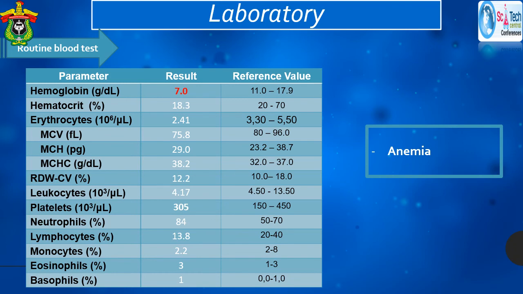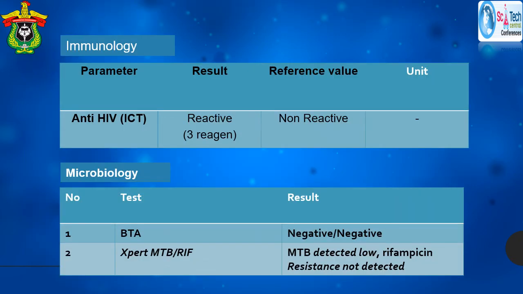With the routine laboratory blood test, we got the result of anemia. Immunology test with the parameter anti-HIV had the result reactive with 3 reagents, and the microbiology test with smear microscopic had the result negative, and GeneXpert MTB result: MTB detected low, with rifampicin resistance not detected.